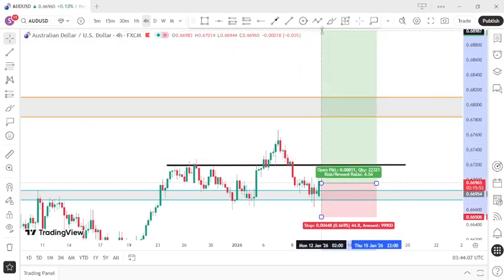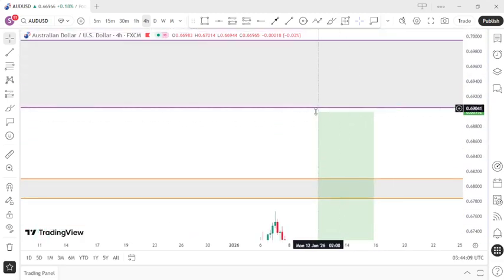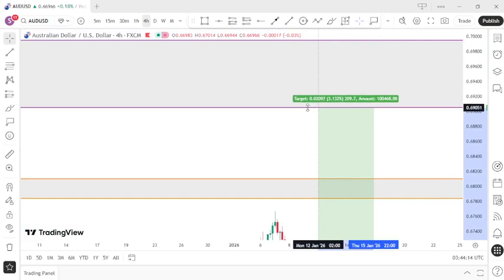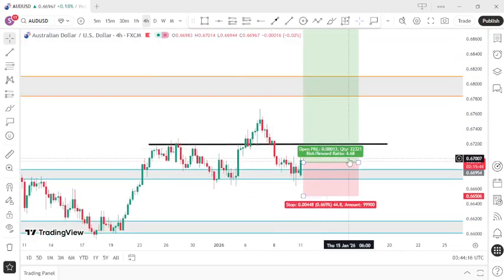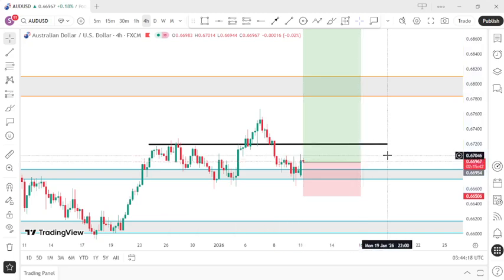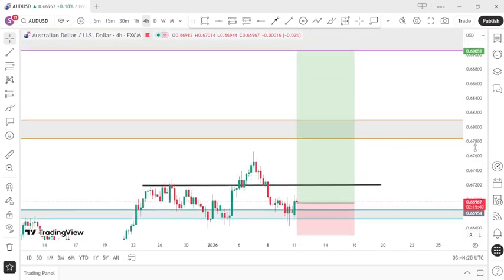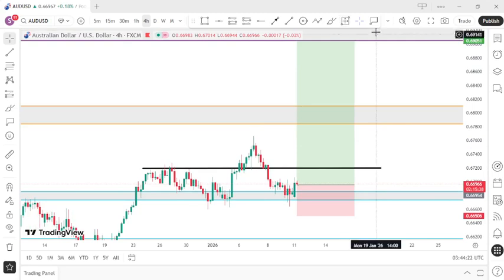look at the risk reward, not good. So I target this zone. My entry is here. My stop loss 45 pips.